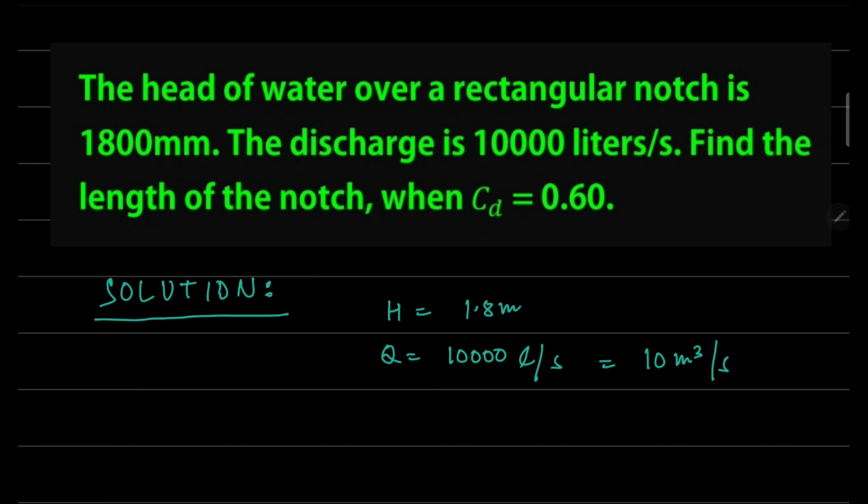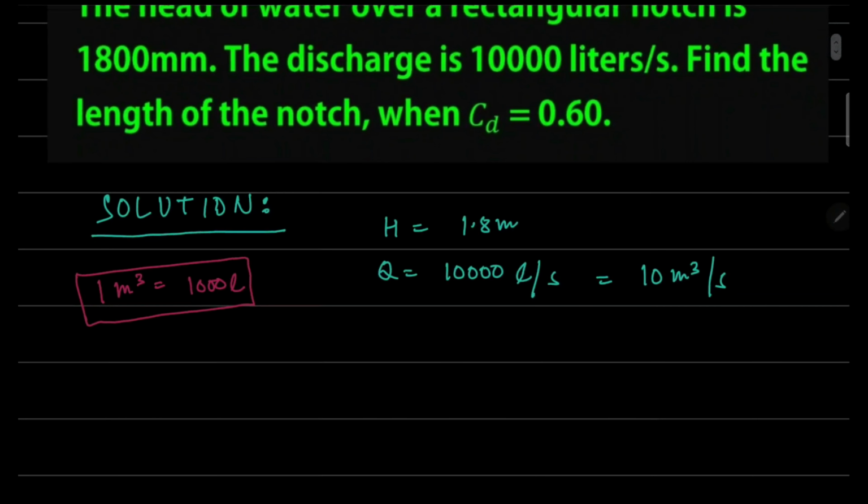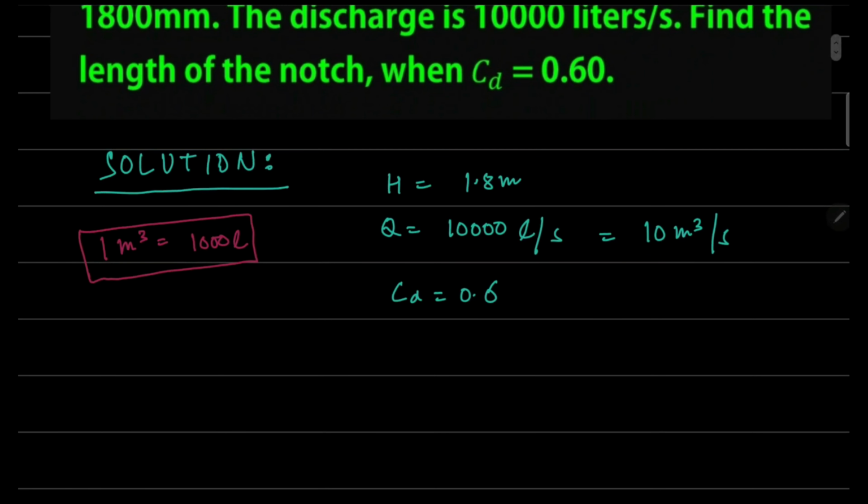Here one important thing you can note down is that 1 cubic meter equals 1000 liter. Another thing given to us is CD, that is 0.6. So we have to determine the length of the crest.